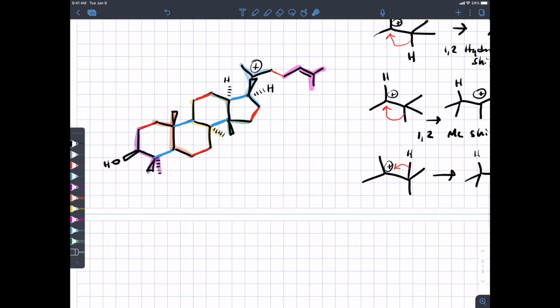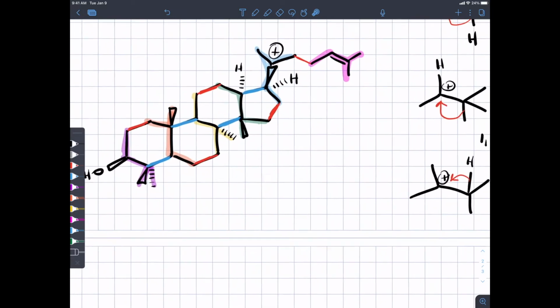Now, you could imagine a lot of things happening with this positive charge, but the intermediate that is the goal is going to end up having a double bond between these two carbons in the yellow subunit. And so we've got to rearrange the groups to get this carbocation all the way here.